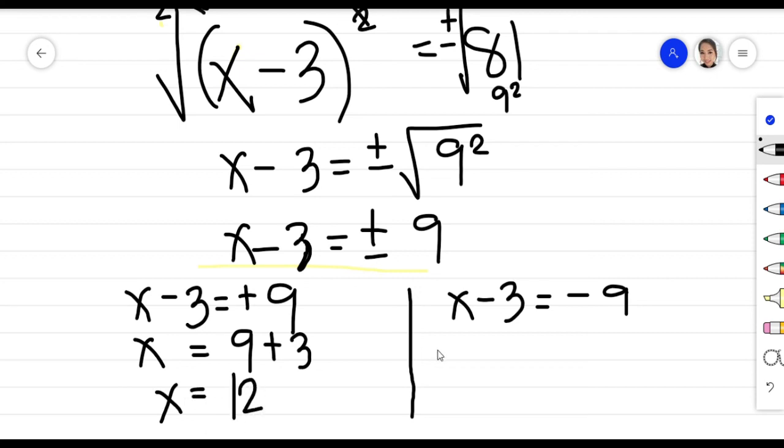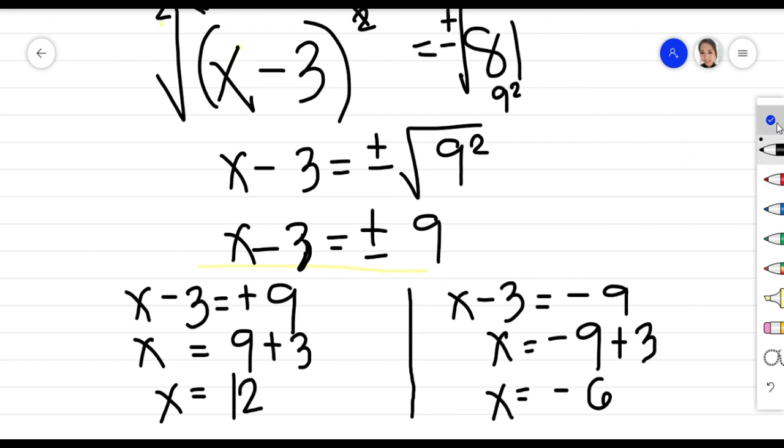While on the other side, we have to solve x here. So we have to transfer negative 3. It becomes x equals negative 9. Since this is negative 3, transferring to the other side, that becomes positive 3. So x is equivalent to negative 6.